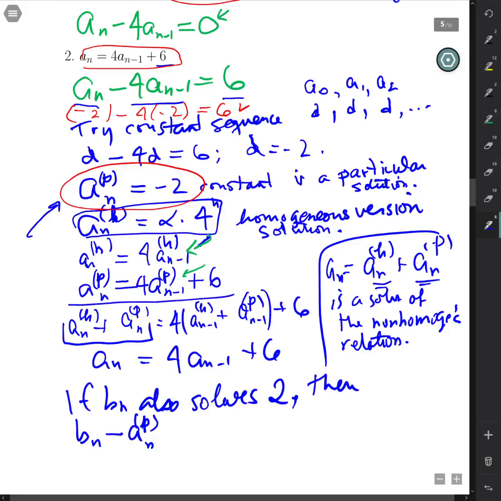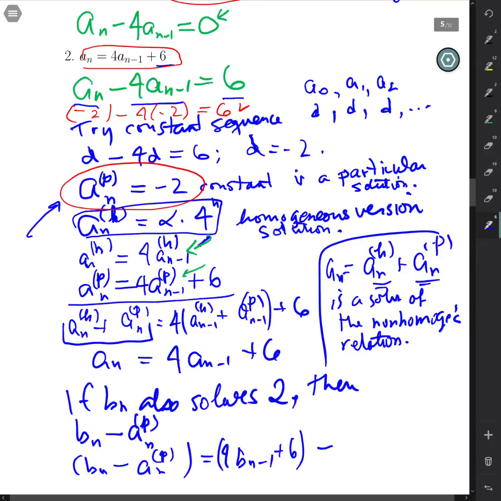But if we put that into our original recurrence relation, that is to say, if we put this in there, we'd have b_n minus a_n^p is equal to 4 times b_{n-1} plus 6, because that's what b_n solves.